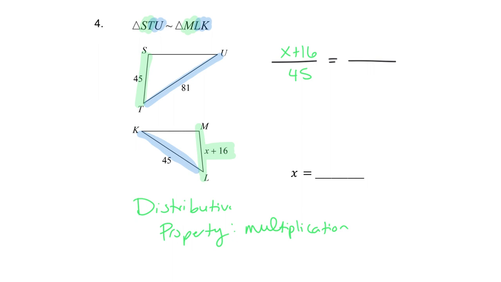So I must take the number from the triangle with x first, so 45 over 81. Then we will do our cross multiplication. So I will do 45 times 45 and x plus 16 times 81.